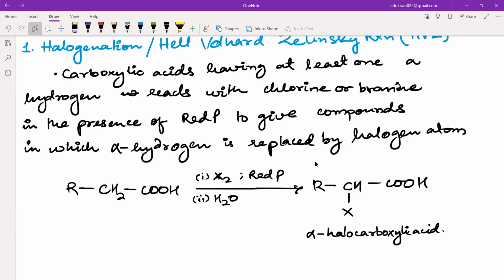So this can be repeated also. You react once, so you will be replacing one of the hydrogen atoms. You again react the same molecule that you have got as product now. Then you will be replacing the other hydrogen atom also.